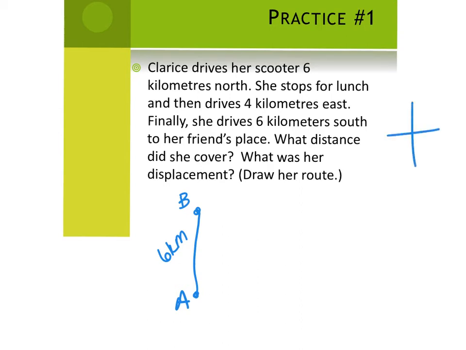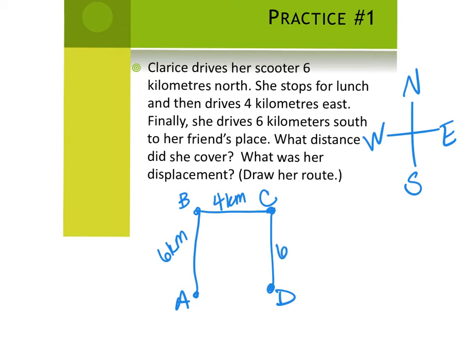Okay, if you have your directions, here's north, south, east, and west. 4 kilometers east. So we'll call that C. Finally, she goes 6 kilometers south to her friend's place. So we'll call this point D, and this is 6 kilometers again.